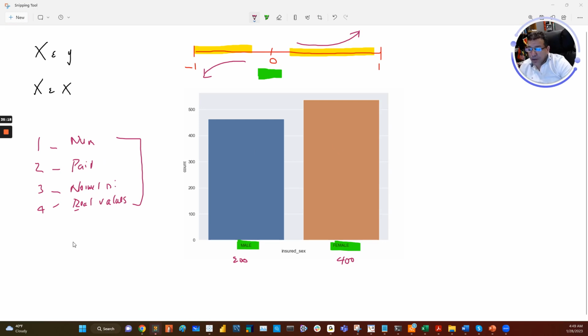Okay, and for the correlation, there are three correlations. We have Spearman, Kendall, and Pearson. All of them are doing the same thing, but they are measuring different types of relationships within your data. Some of them are measuring the association, some of them are measuring the influence.